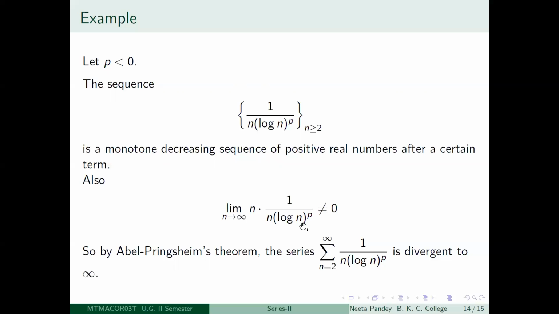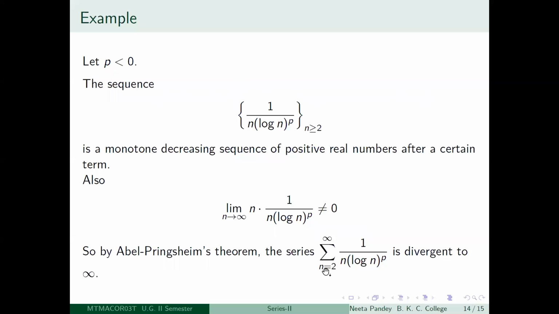So if p is less than 0, suppose p is again minus k, then this becomes the limit as n tends to infinity of log n to the power k. As n tends to infinity, log n tends to infinity, and log n to the power any positive number will also tend to infinity. So at least it is not going to be 0. What does that tell you?